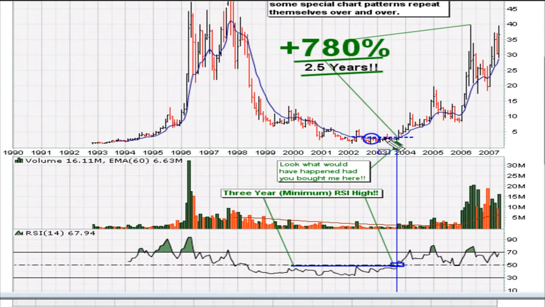Right there. Okay. Which is this breakout. The stock would move. Bam! From about under $5, under $4, all the way to about $40 in about 2.5 years. That's what's up. That's what I'm talking about, man. Yeah, give me that any day.